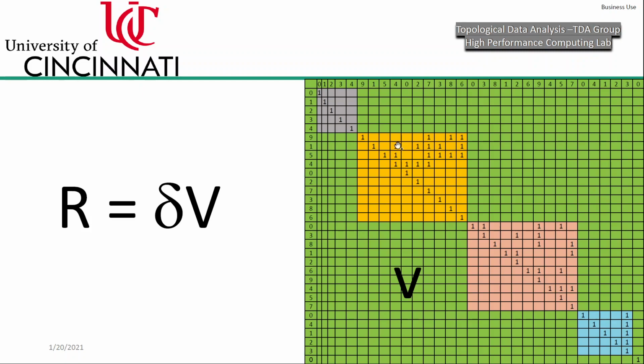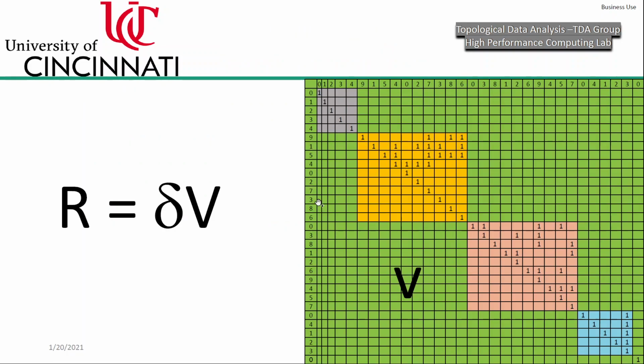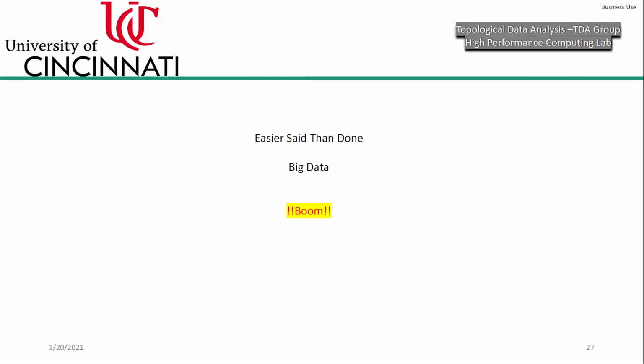So from this we get 1, 5, 4, and then 0: 0, 1, 5, 4, that is 0, 1, 4, 5. This is how you get the boundary of the simplex. So this column vector is important to extract the boundary from the simplexes.